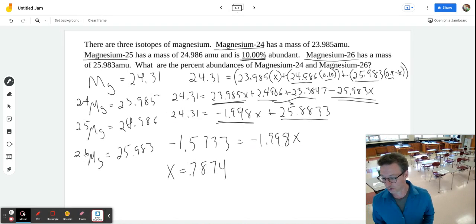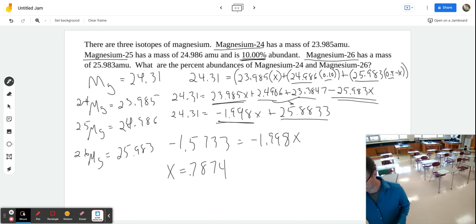Which means, since we knew this one was 10%, put it over here, 10%, 0.7874 means this isotope, because we said x was the first one here, is 78.74%.